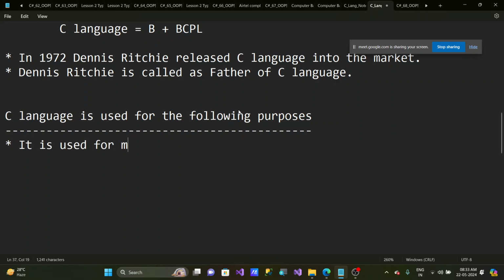What is machine programming? It is also called embedded devices programming, or system programming.